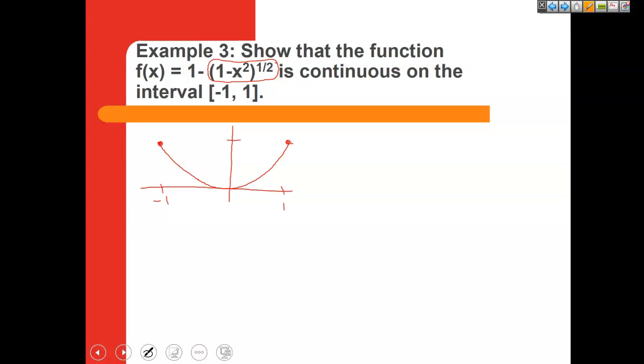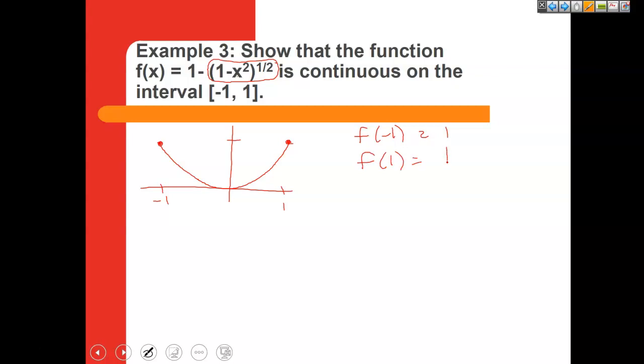Is this function left or right-hand continuous? It's both, right? Because the left-hand limit is going to equal the endpoint and the right-hand limit is going to equal the endpoint. So f of -1 is equal to 1. f of 1 is equal to 1.